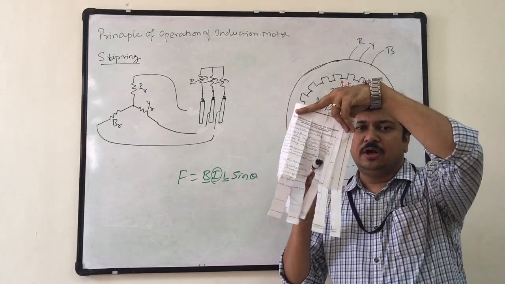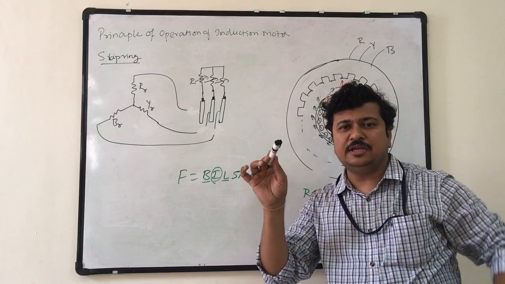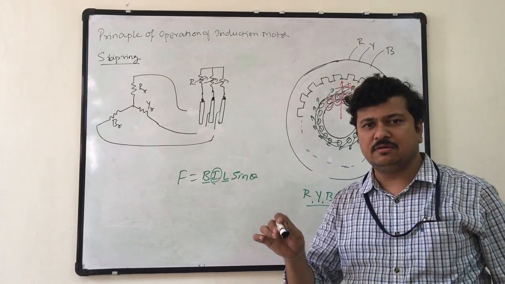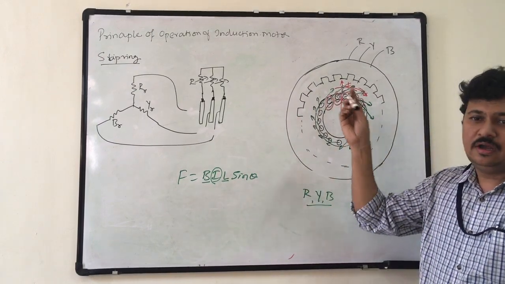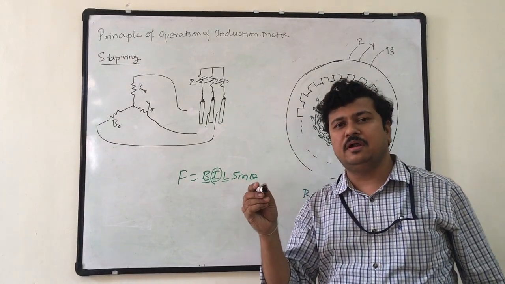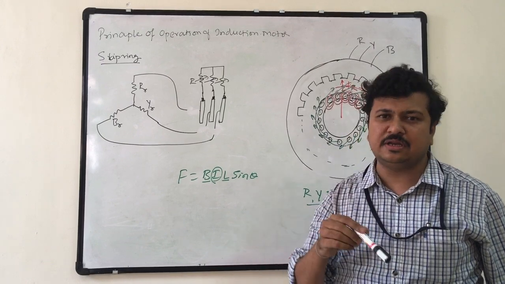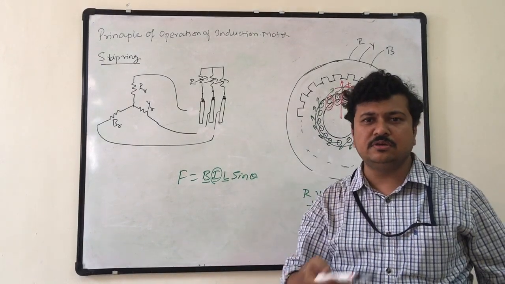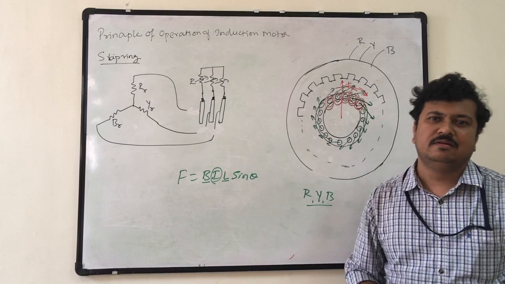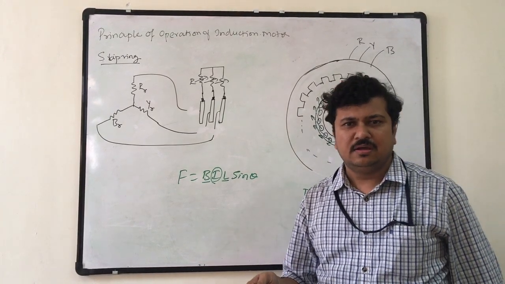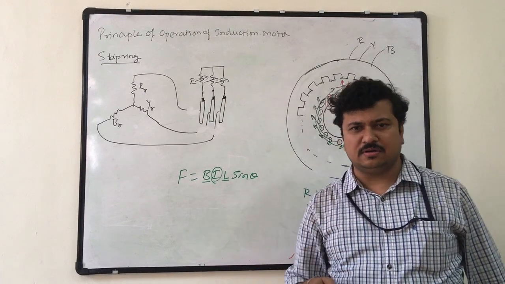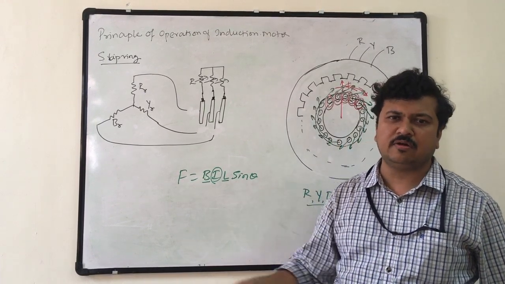Therefore, to achieve this, it will rotate in the same direction as the rotating magnetic field. Now what happens if it runs in the opposite direction? The relative speed increases, the induced EMF increases. But as per electromagnetic induction, the opposition has to occur wherever there is an induction occurring.